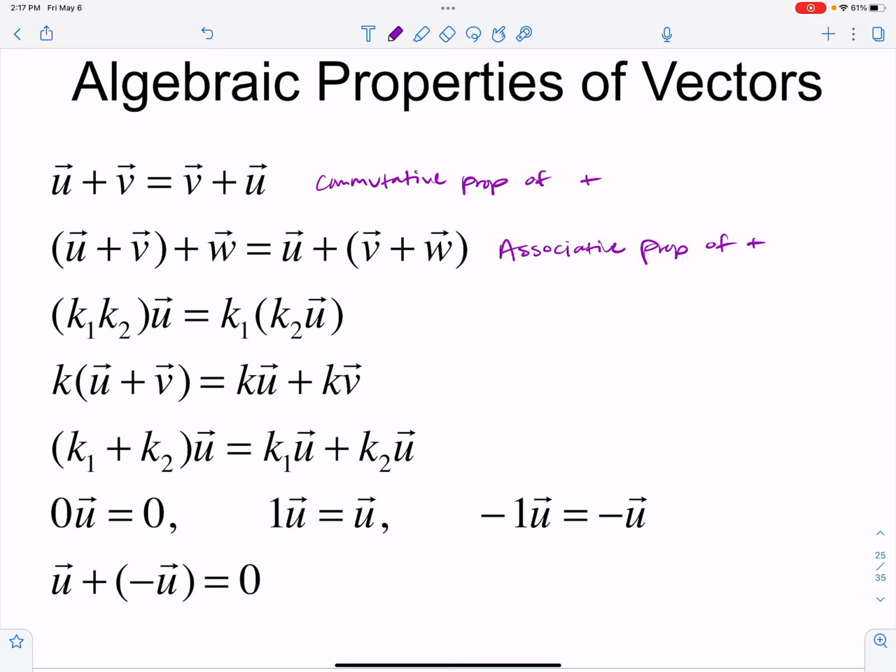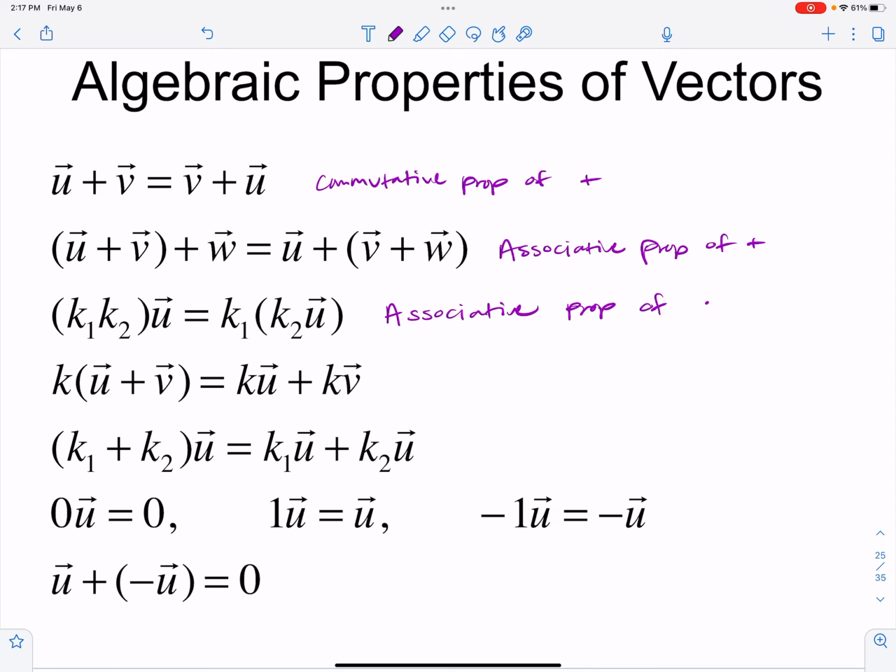We have an associative property of multiplication, but it has to do with multiplying vectors by constants. Notice we have not talked about multiplying vectors yet.